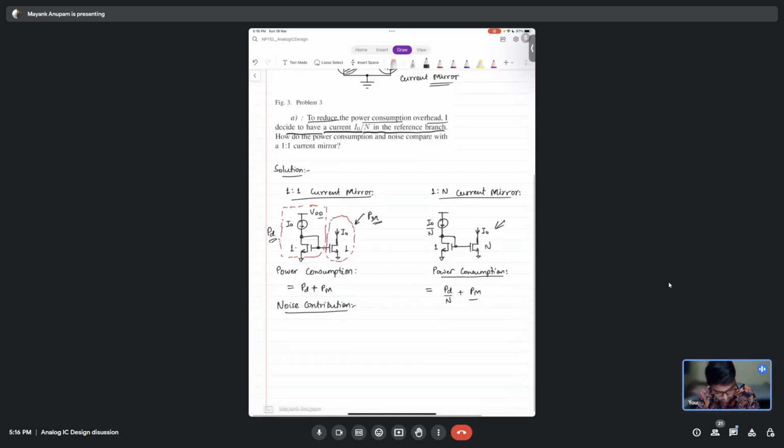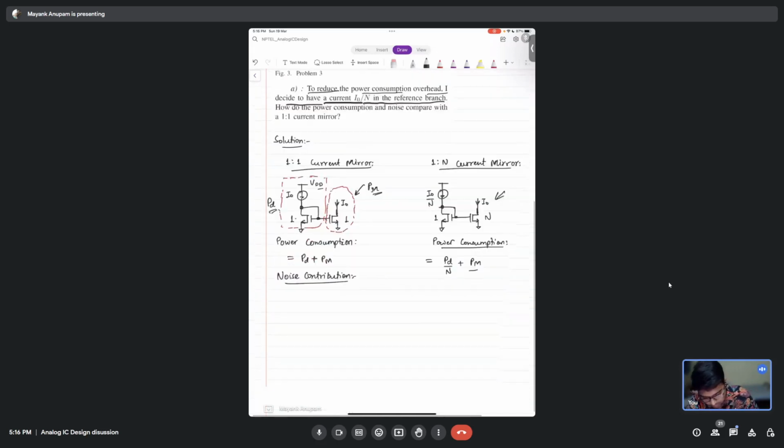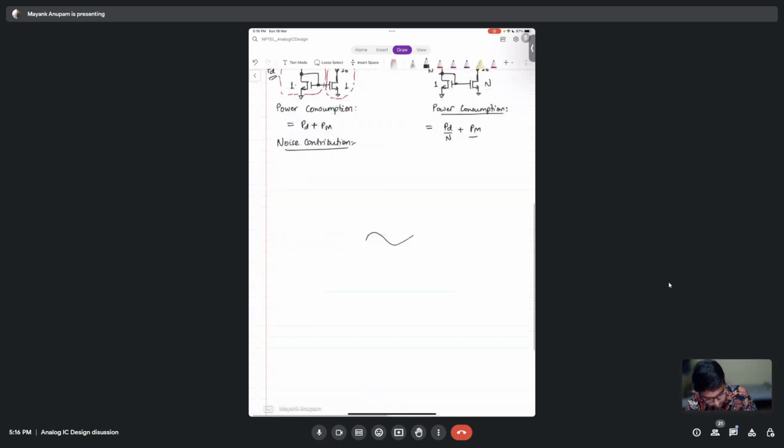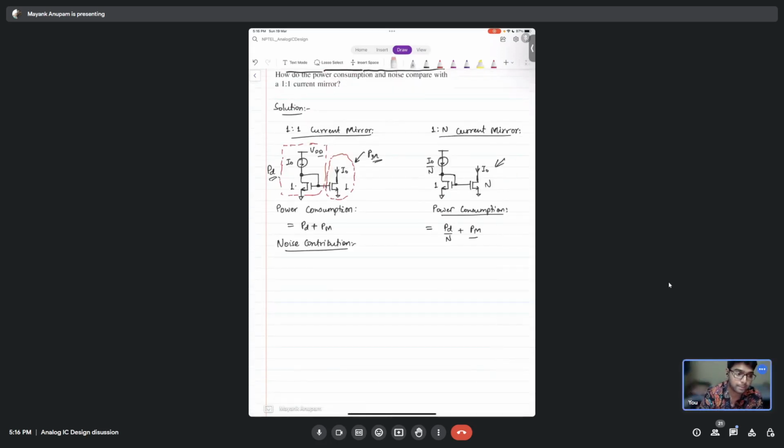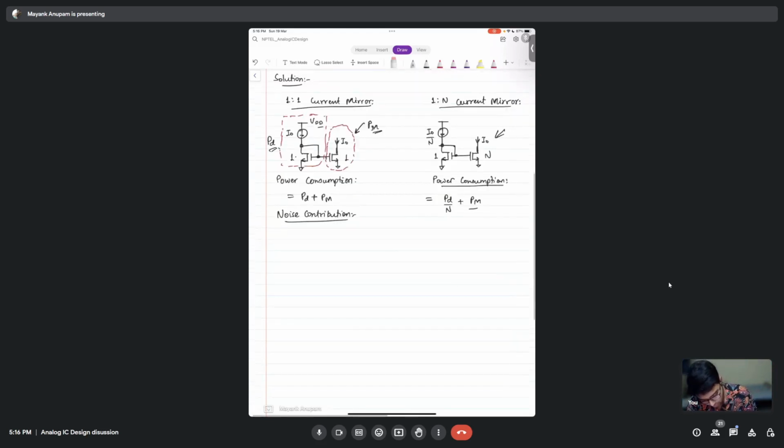Now let's find out what is the total noise. Can you write the expression for PD and PM? So what is PD? How do you calculate power? Voltage into current. So what is the voltage and what is the current in this particular part of the circuit?